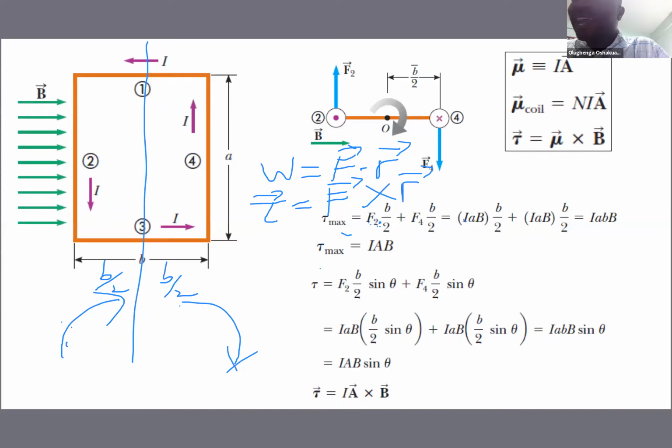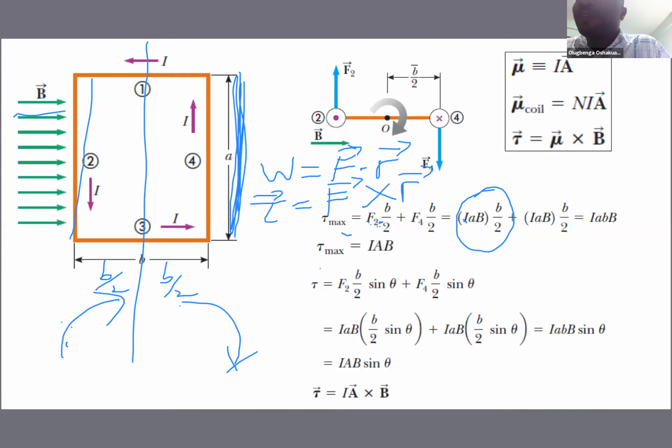That is the current I times length A. Remember, this is length A, and the magnetic field B. The angle between them is 90 degrees, so there is no need for any sin theta here. That's why we can say the product of the current I times length A times the magnetic field strength B.